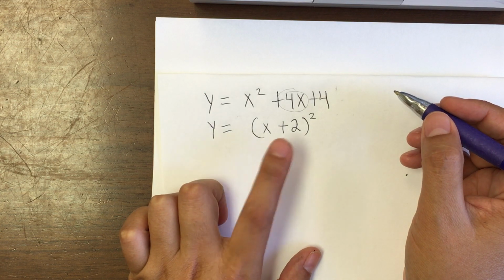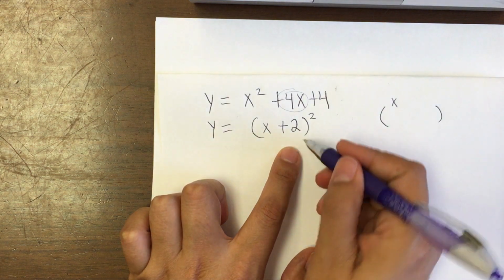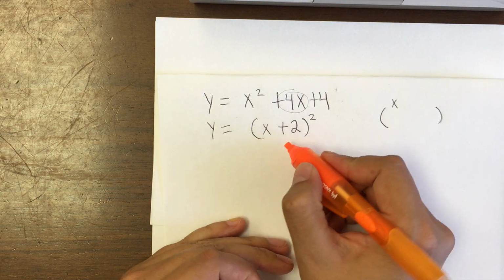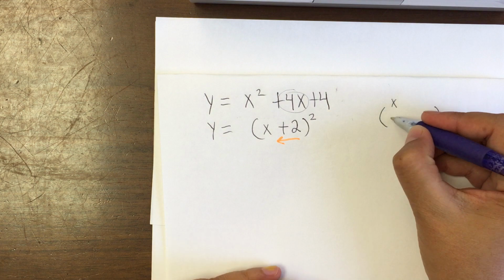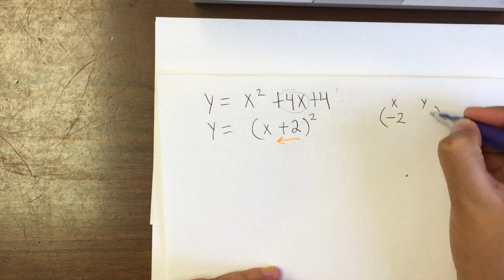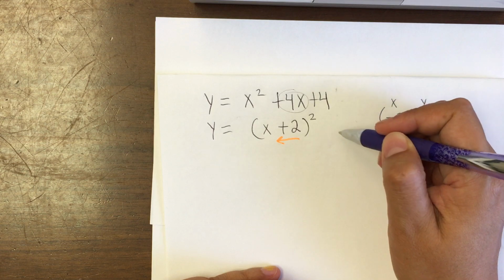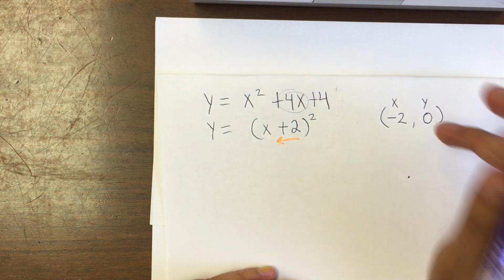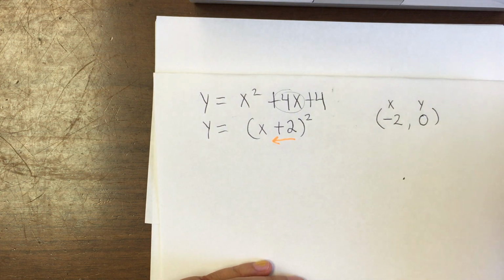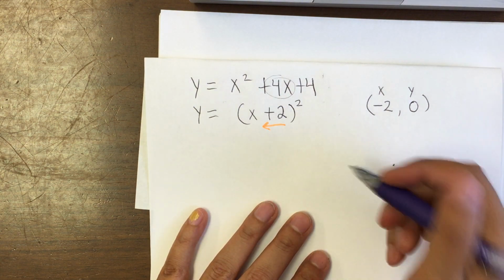So, for my vertex, since we're adding 2, it's going to go to the left. So my x is -2. For my y, we don't have an external number being added or subtracted, so it's not going to go down or up, it's just going to stay at 0. Okay, that's my vertex. And for my graph, look how easy it is.